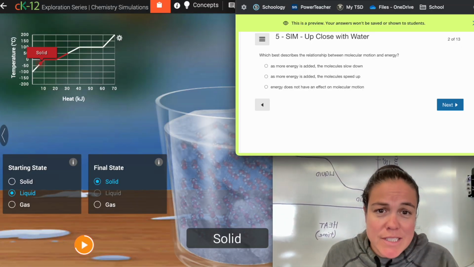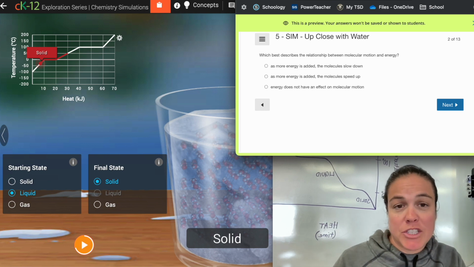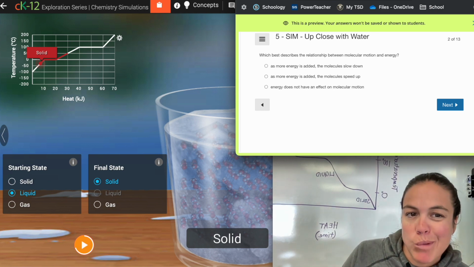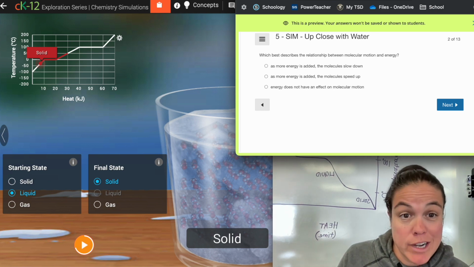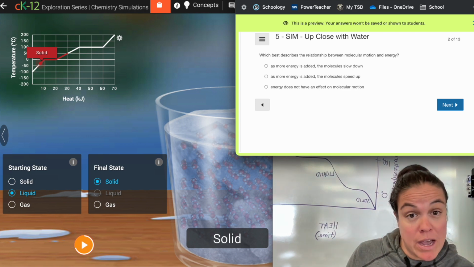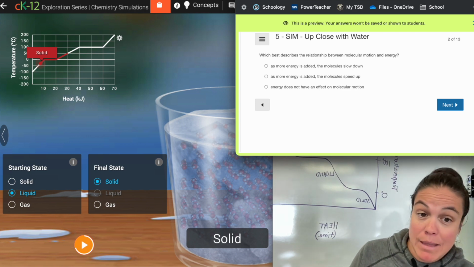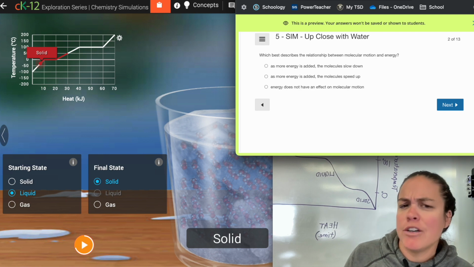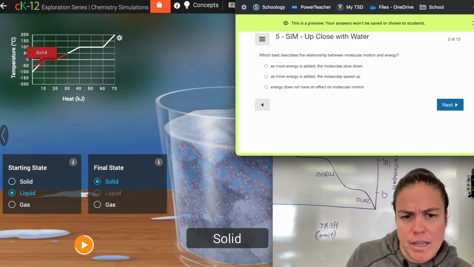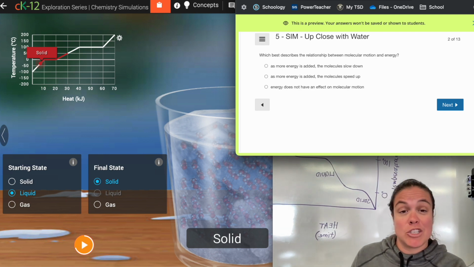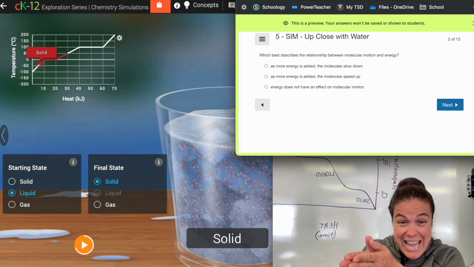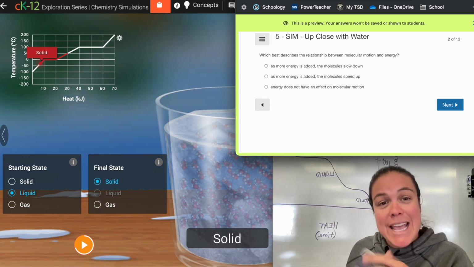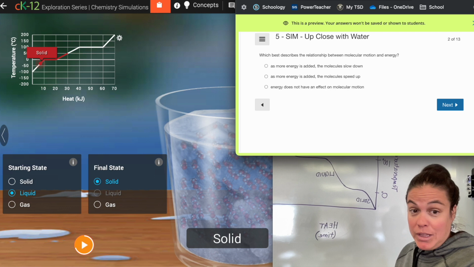Okay, next question says, which best describes the relationship between molecular motion and energy? As more energy is added, the molecules slow down. As more energy is added, the molecules speed up. The energy does not have an effect on molecular motion. Well, we saw in the simulation, as we added energy, and in this case, it's really similar to the graph we were looking at before.